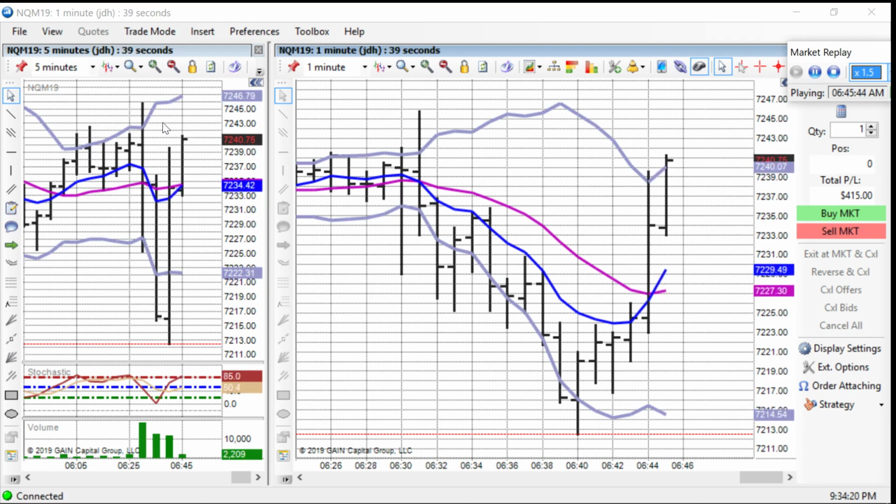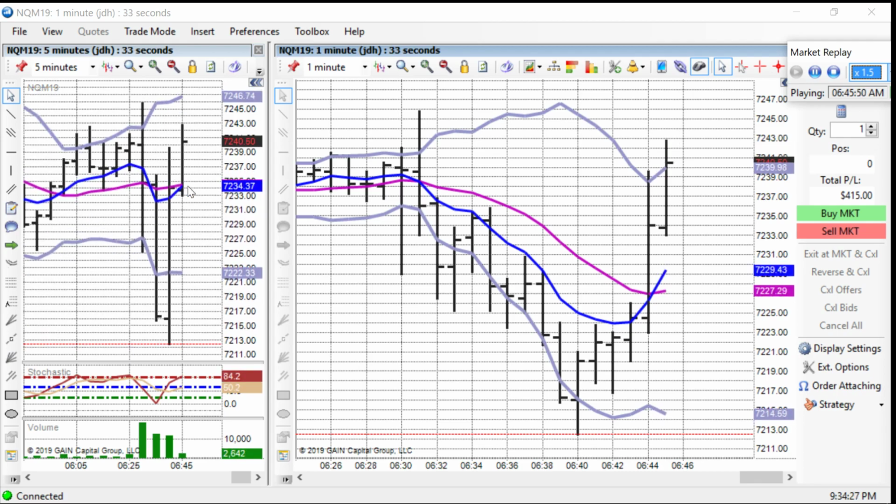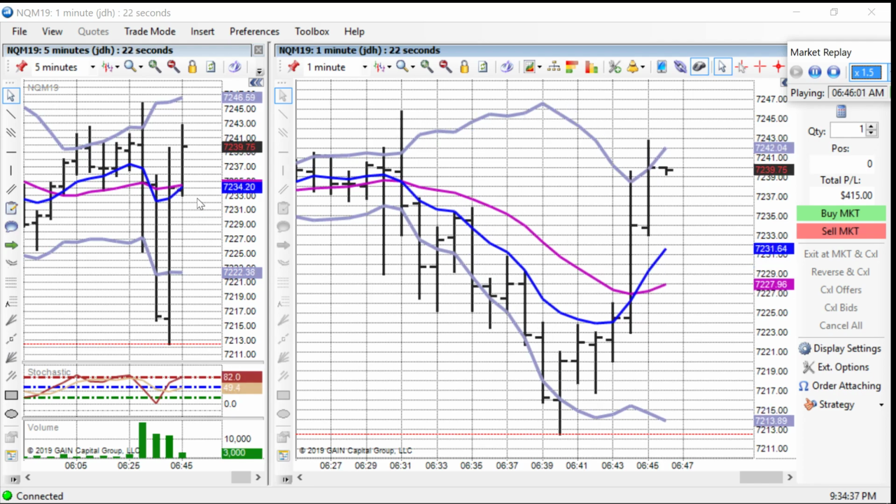Again, I know I sound like I'm making contradictions, but I'm trying to explain the process as best I can, because it is complicated. That's why I hesitated to talk about 5-minute chart trading until we learn the basic techniques.